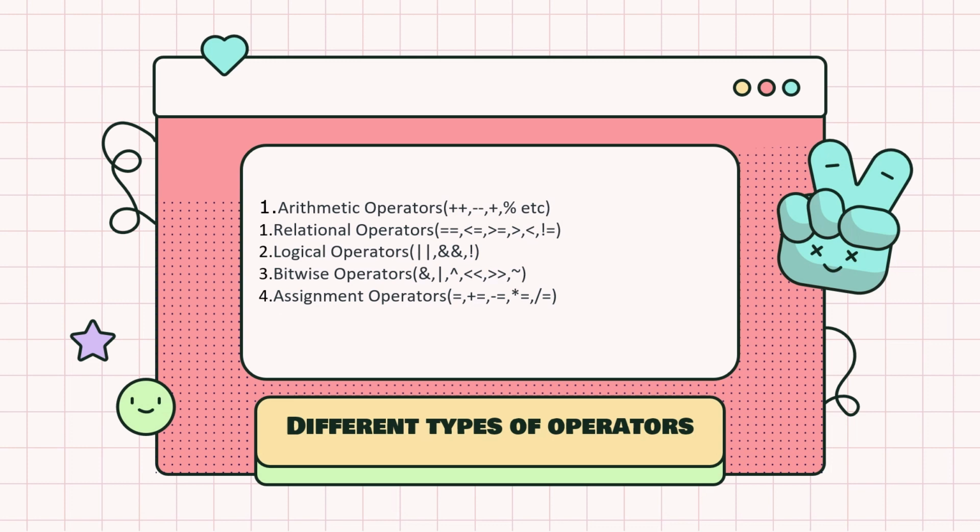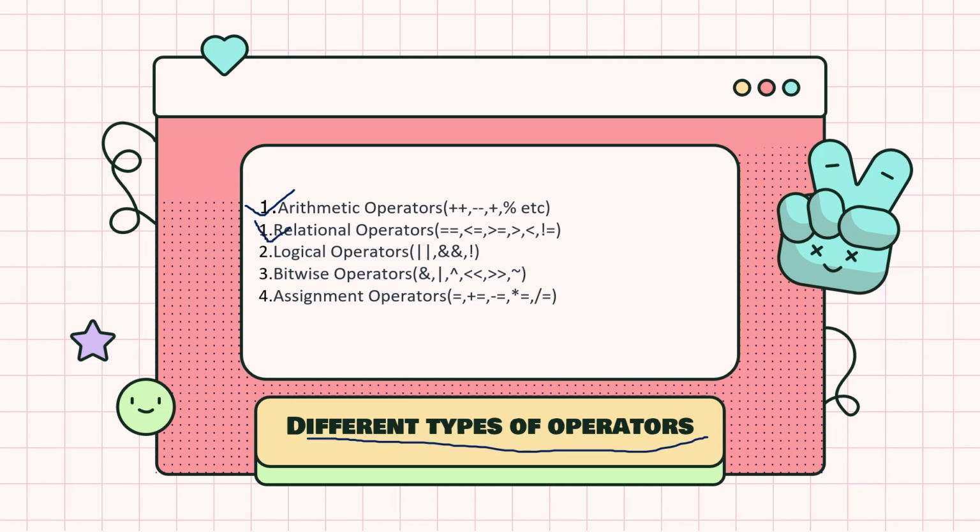So the next slide is, what are the different types of operators? First are arithmetic operators, which are of two types, unary operators and binary operators.